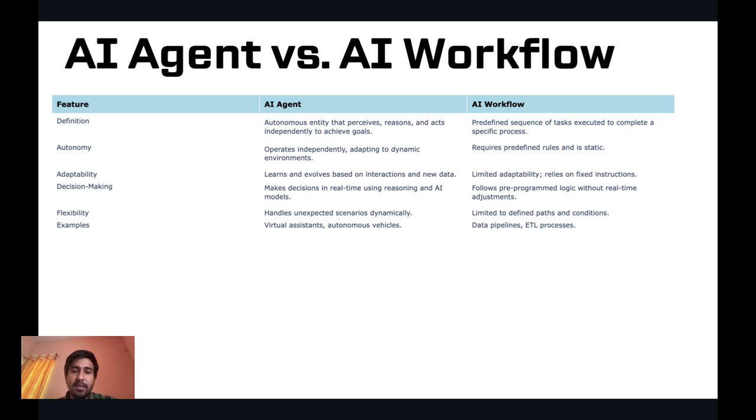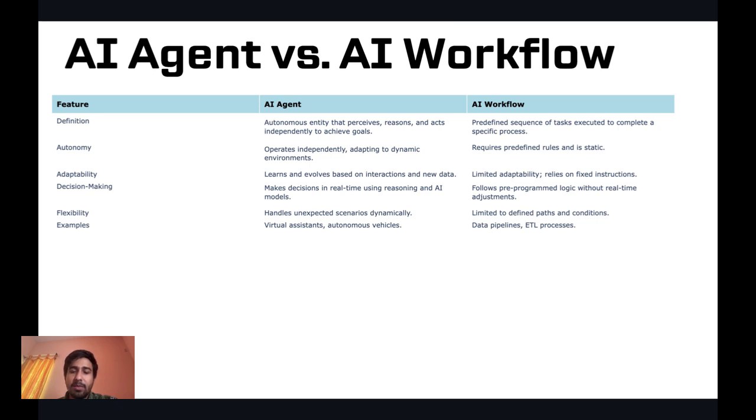AI agents generally operate independently and adapt to dynamic environments, but an AI workflow only requires predefined rules and is generally static. An AI agent generally learns and evolves based on interaction and new data, but a workflow has limited adaptability and is fixed. It doesn't change according to the situation.